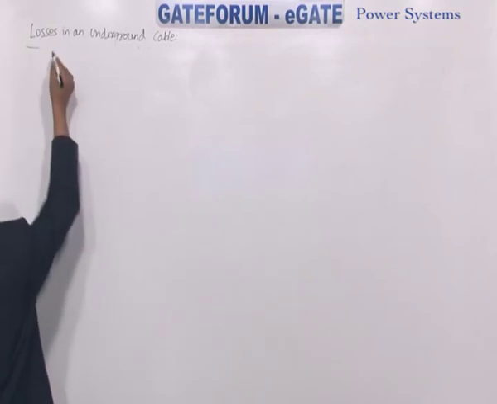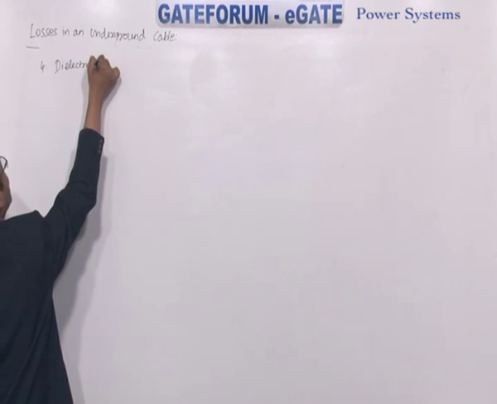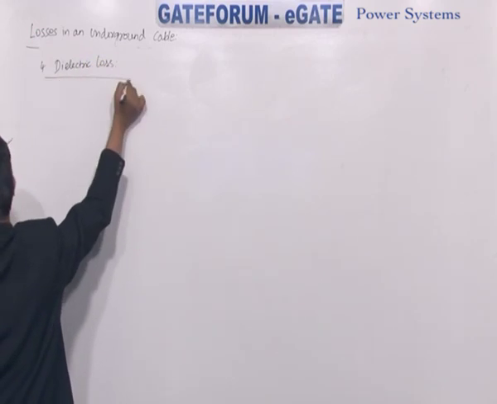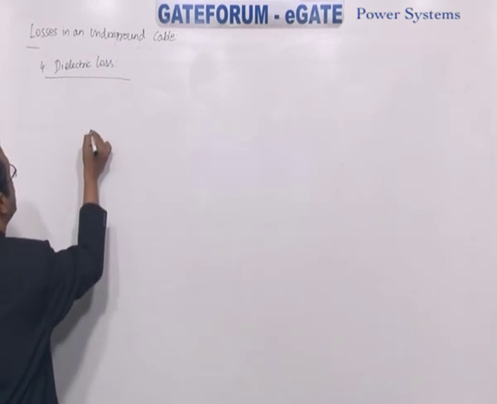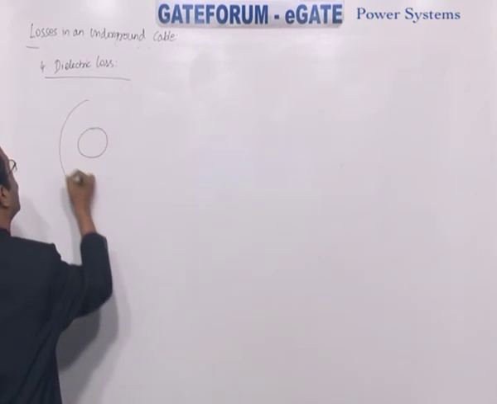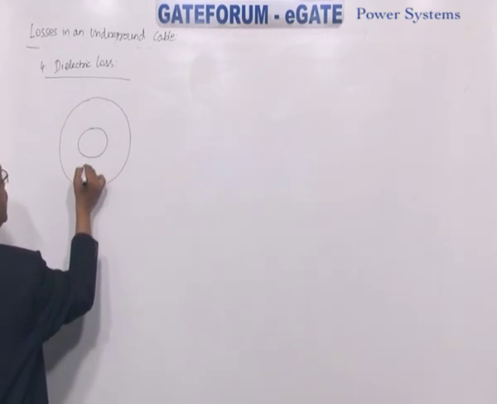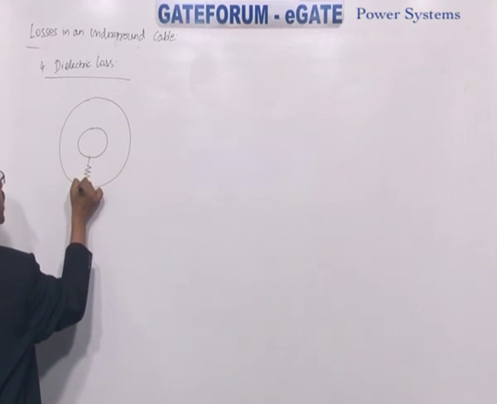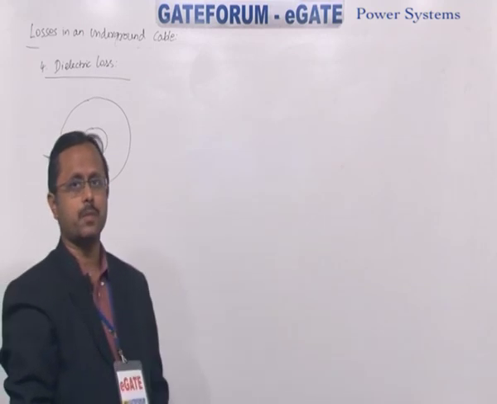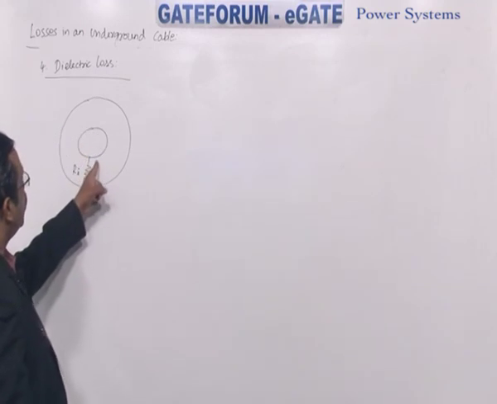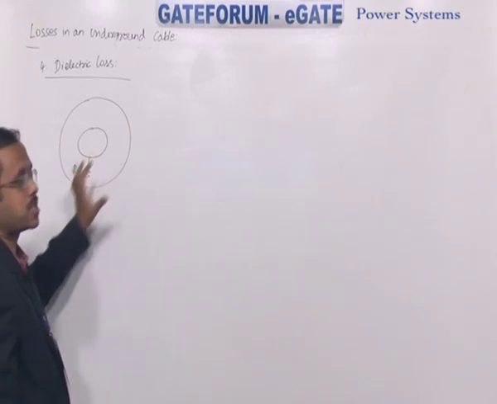Now we have the fourth one, that is the dielectric loss. So represent a core here and represent a dielectric. Just like any material, dielectric also has its own resistance Ri. Now further you can observe core surface, sheath surface, two different potentials.